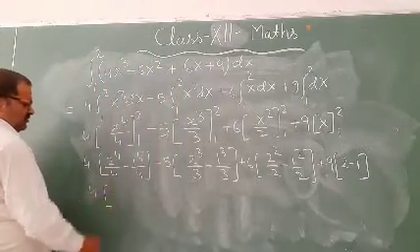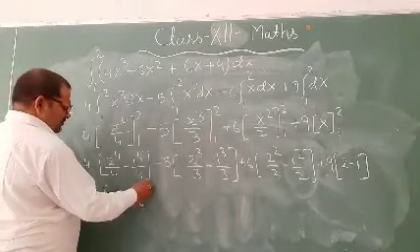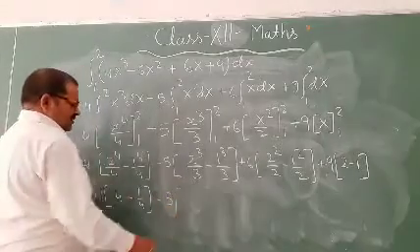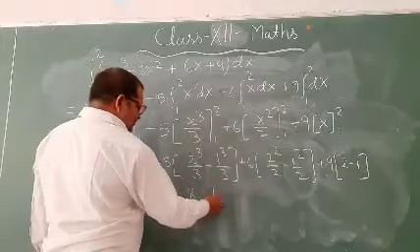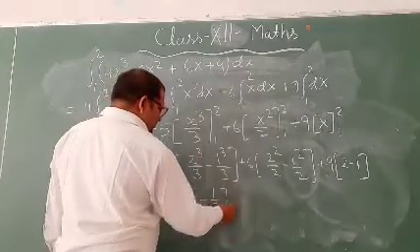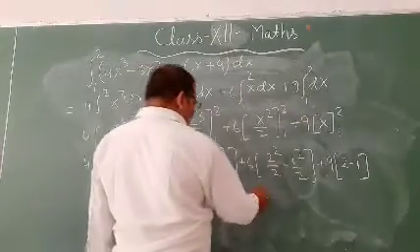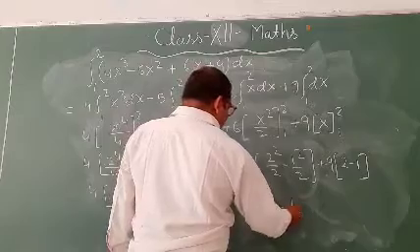That is 4 into 15 by 4, minus 5 into 7 by 3, plus 6 into 3 by 2.